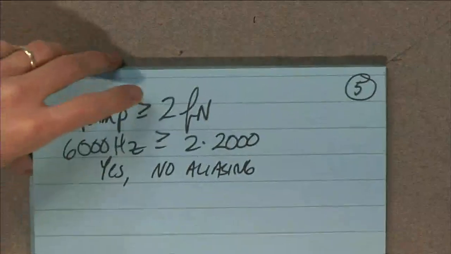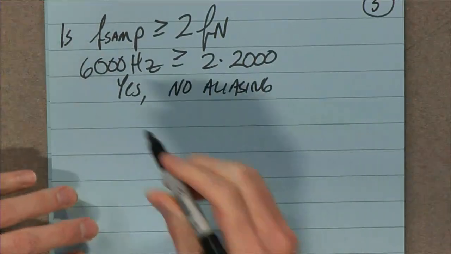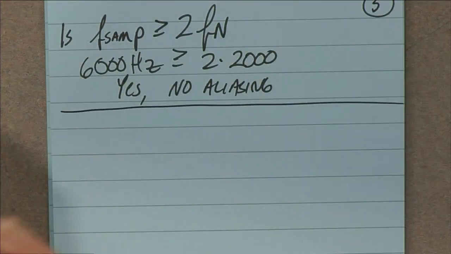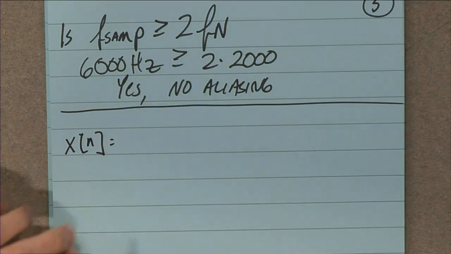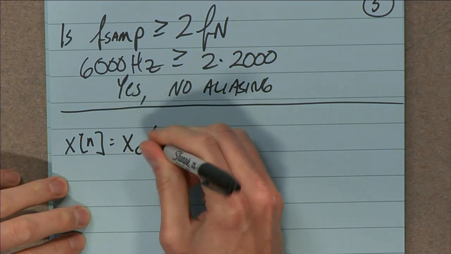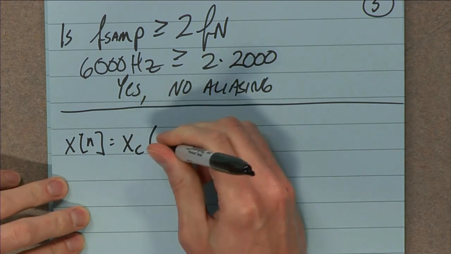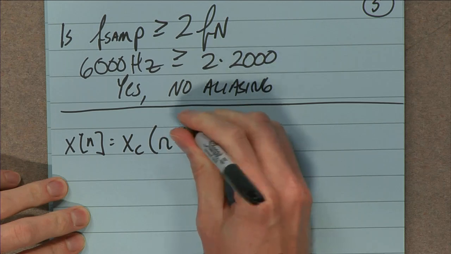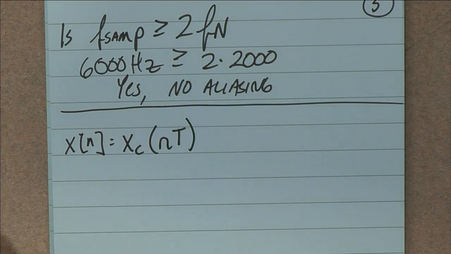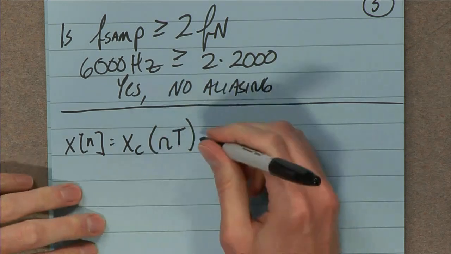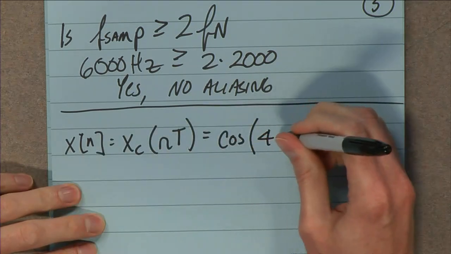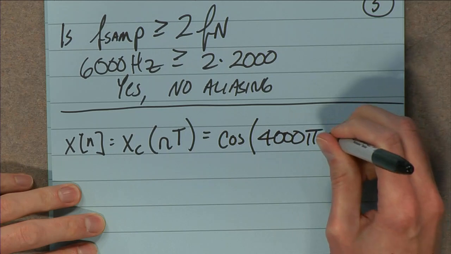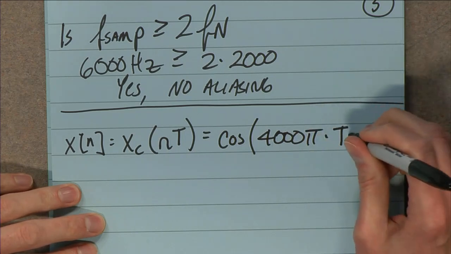Let's keep this sheet. So what is x of n? We're taking samples at 6,000 hertz, and we know that's going to be the continuous time version with index n and sample time T. Feeding that through, we've got 4,000 pi times T times n.